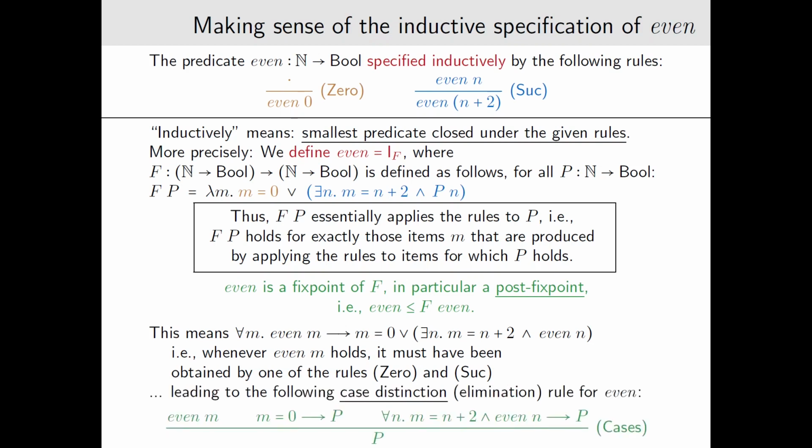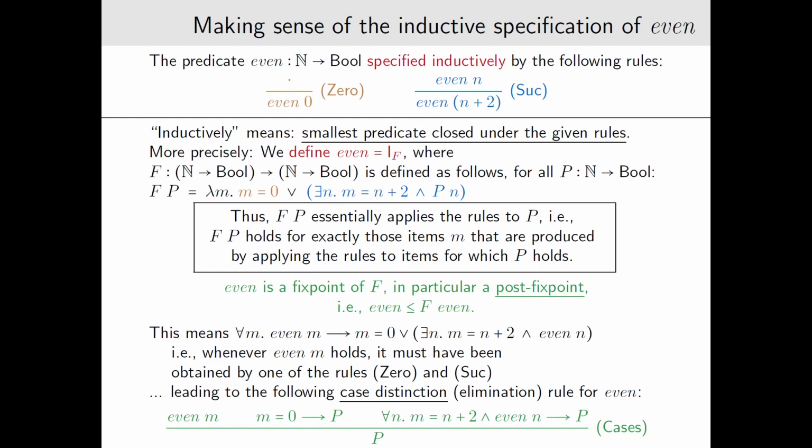So a more useful way to write this, which is useful in proofs, is to put this in the format of a cases rule. The way to read this is, let's say we know that even holds for M, and let's say we want to prove something called P. How are we going to prove it?